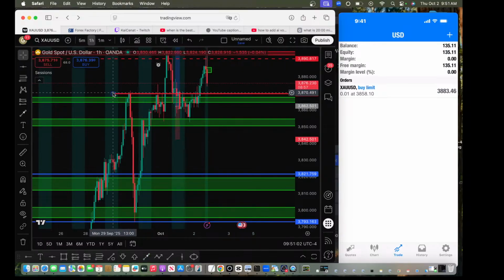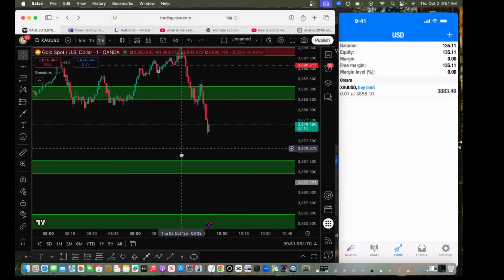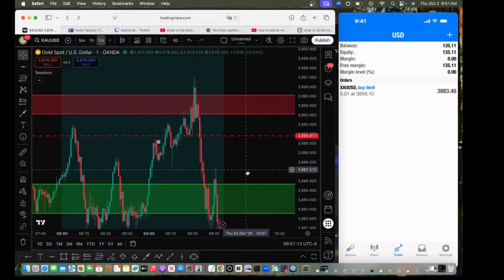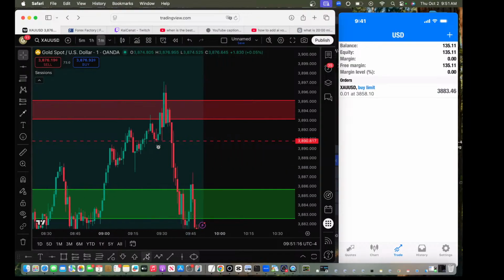Now, I'm going to zoom in and one more time show you how you could have taken this trade. Excuse me. So price was going up. When price is going up, it does not break structure. Price is going up. This is structure. Price broke through this structure, indicating, hey, the sellers are back in control.